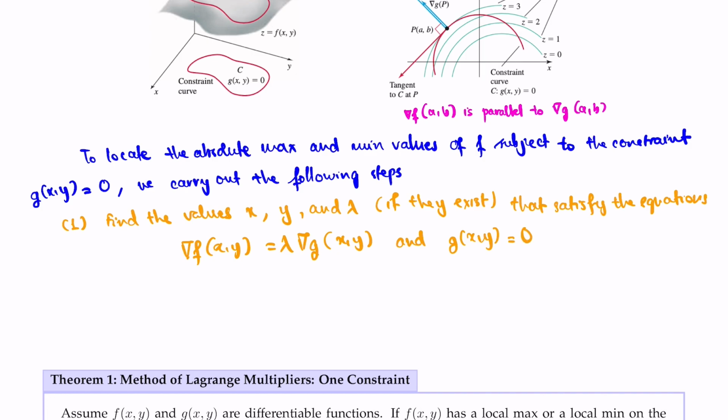The second step is to evaluate the function f at the values x, y that you found in step 1, and at the endpoints of the constraint curve, if they exist. Then select the largest and the smallest corresponding function values.